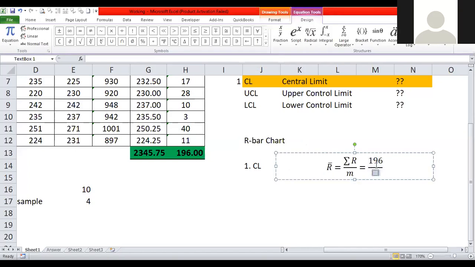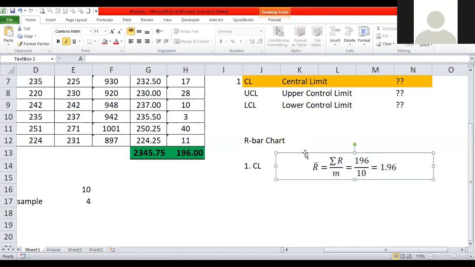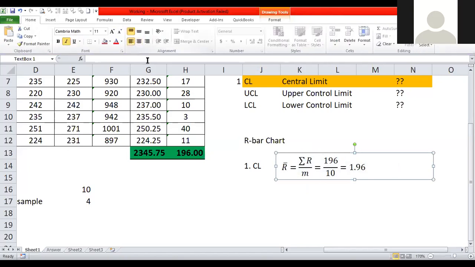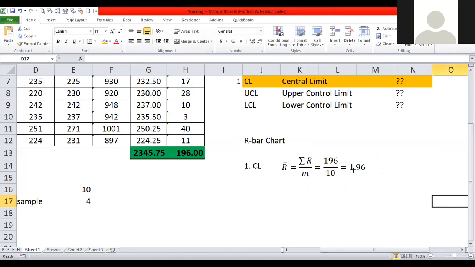That is 196 divided by M, total sample size, that is 10. We have 10 samples. So that is equal to 1.96. This is the central limit.